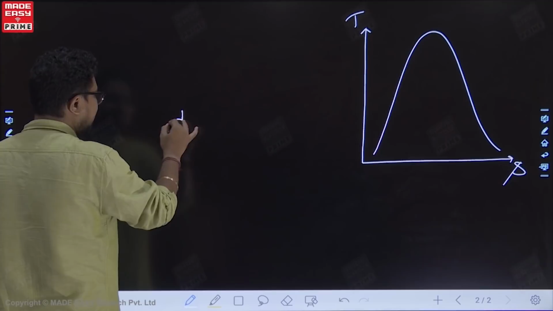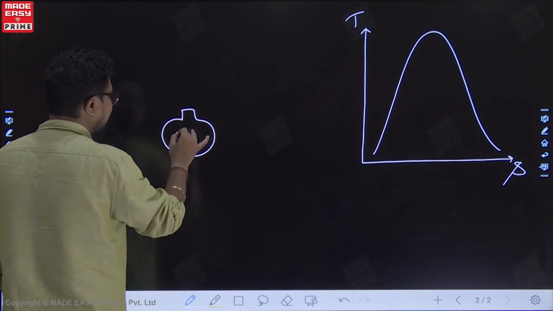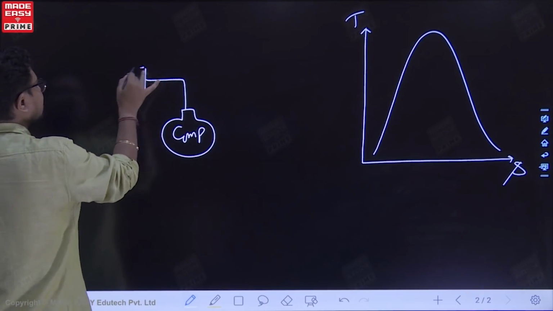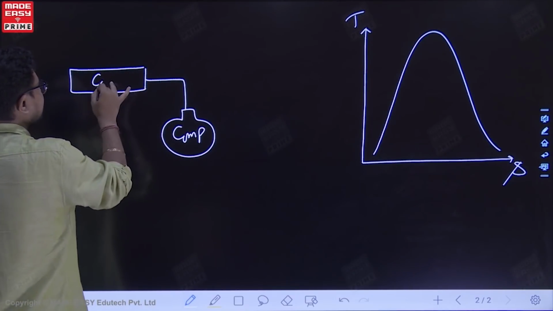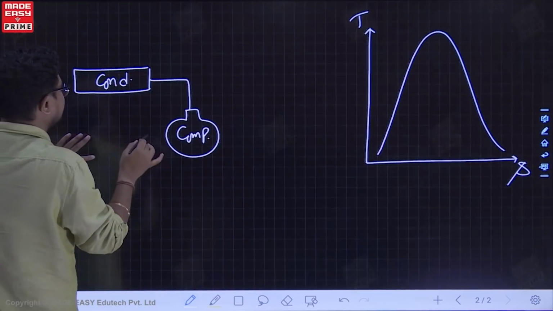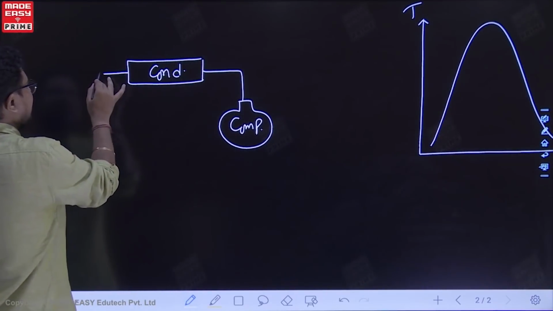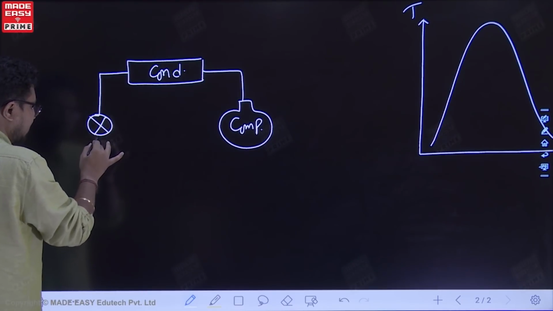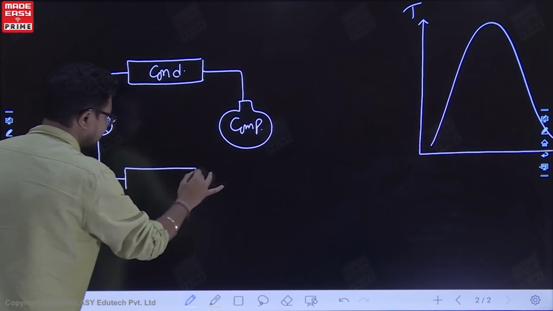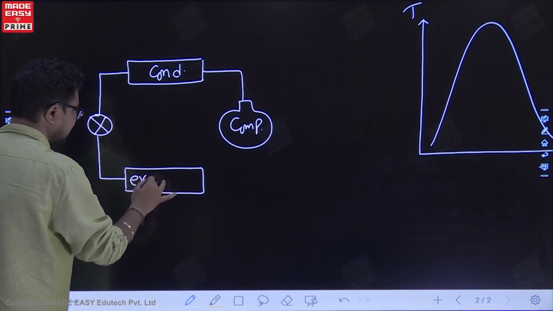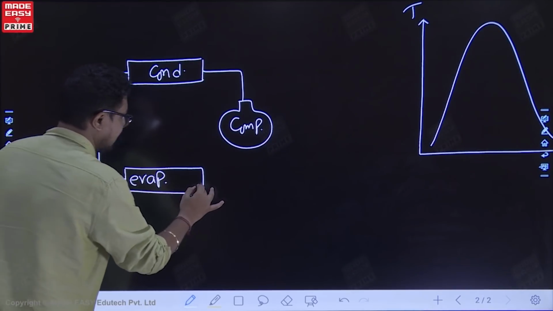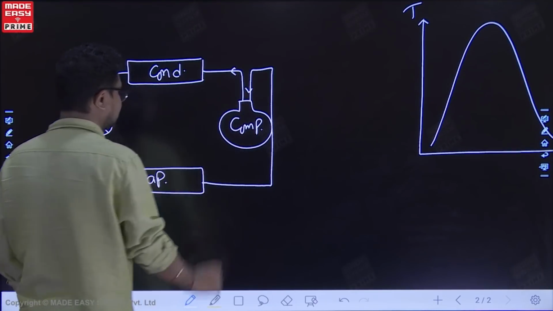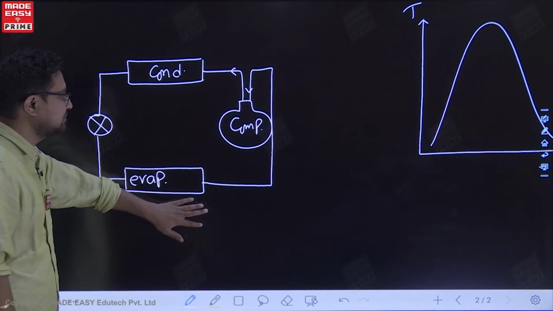So, we have the compressor, then we have the condenser, then in the VCRS we have a throttling valve, we have an evaporator, and then back to the compressor, right?